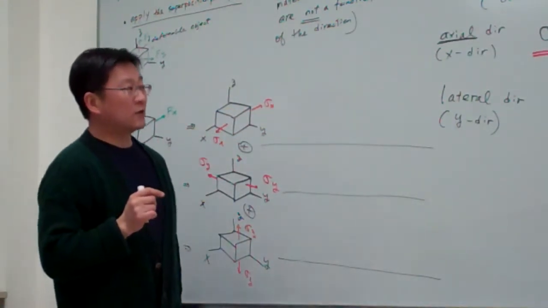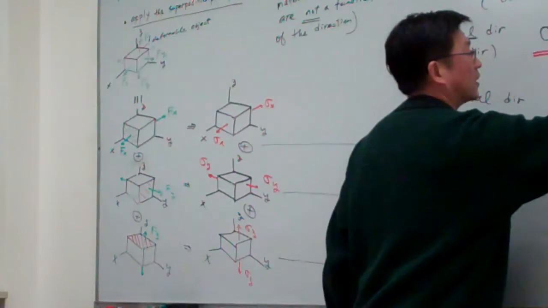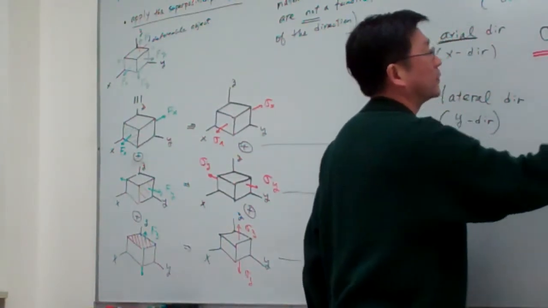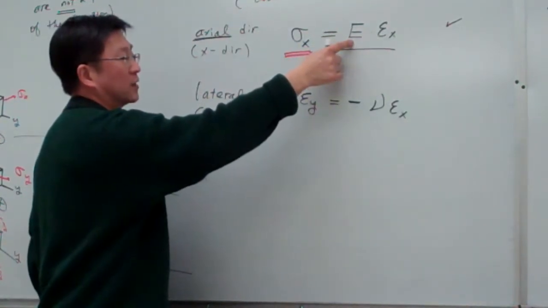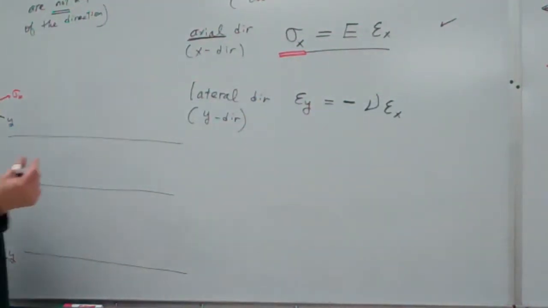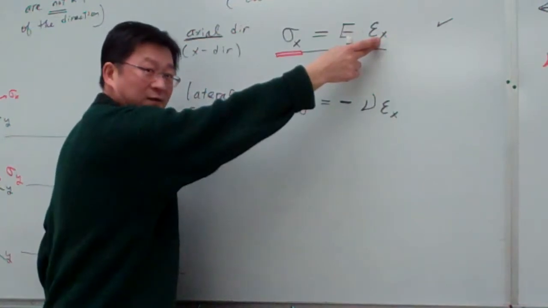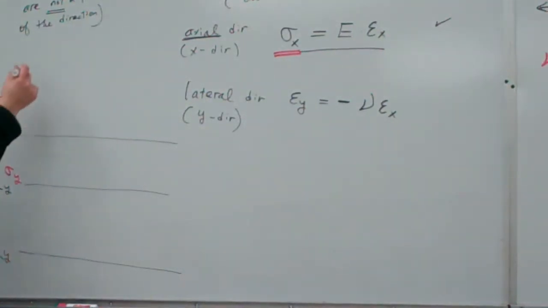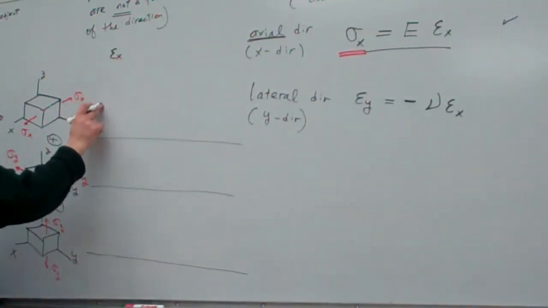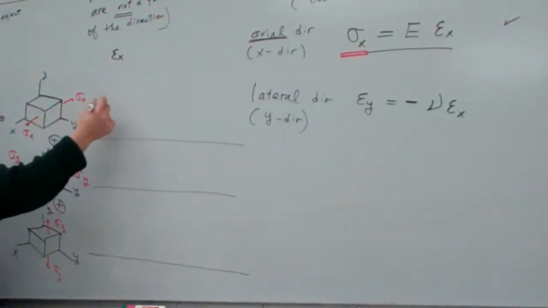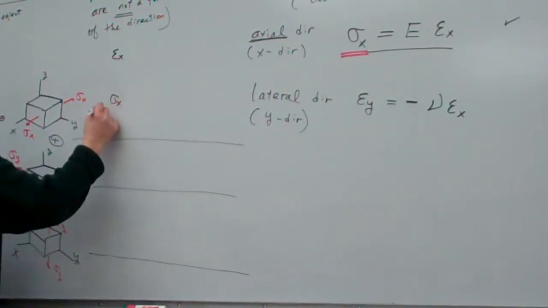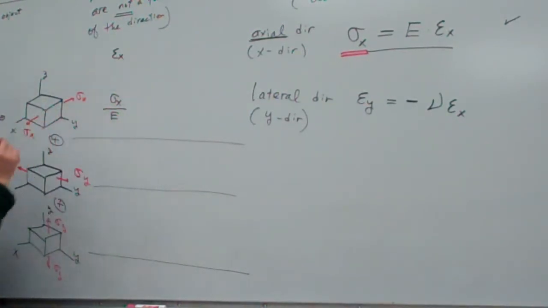The axial loading, we follow these formulas here. The axial loading, we know the axial stress divided by Young's modulus, we get the axial strain. So for this case, the axial strain is sigma x divided by E. Sounds good?